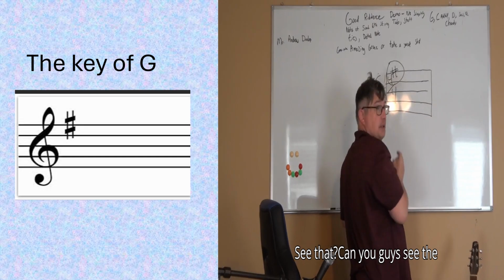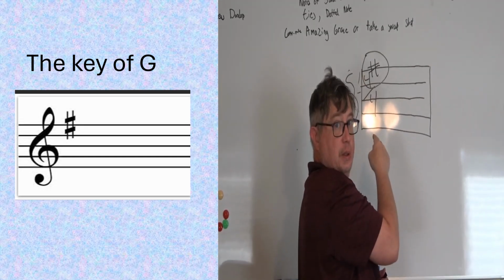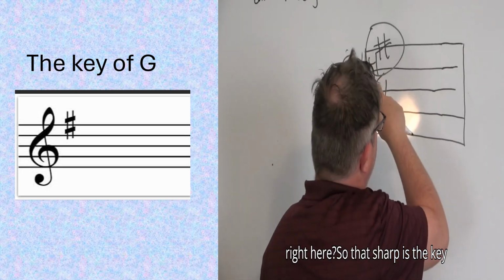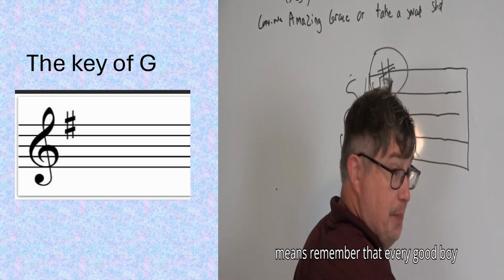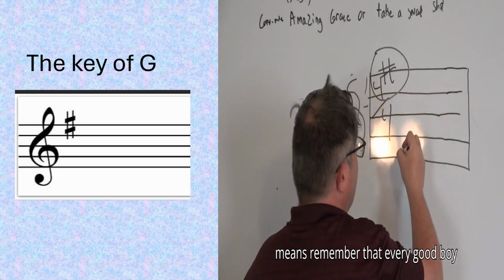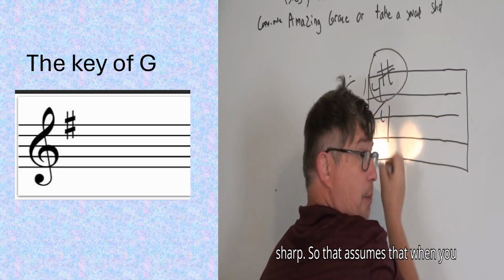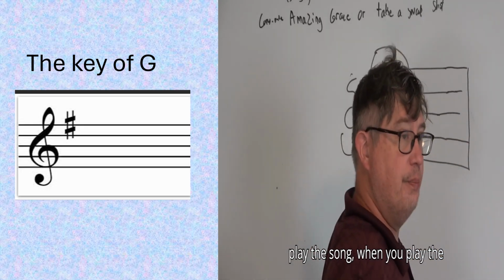Can you guys see the sharp right here? That sharp is the key of G. Now, when you see the key of G, remember every good boy does fine, that's F, and that's F sharp.